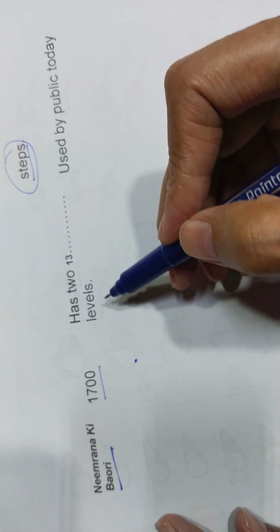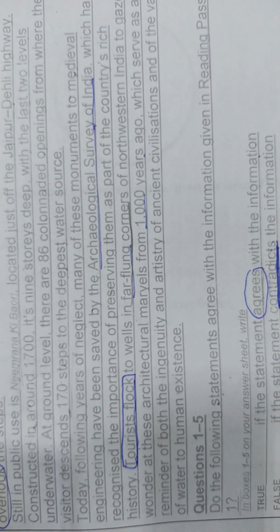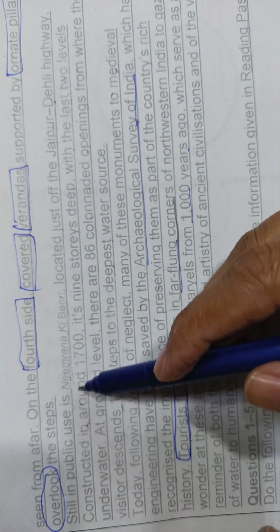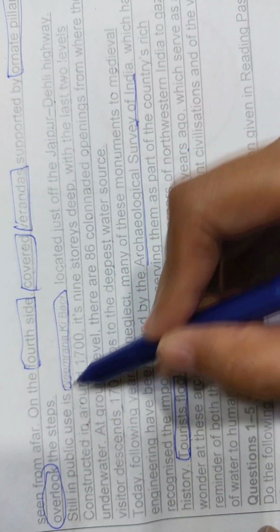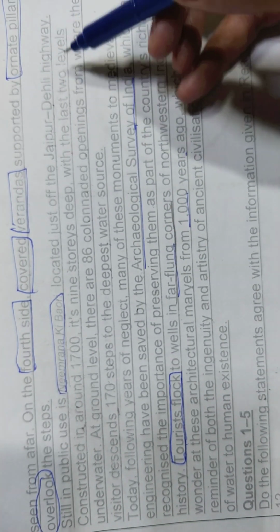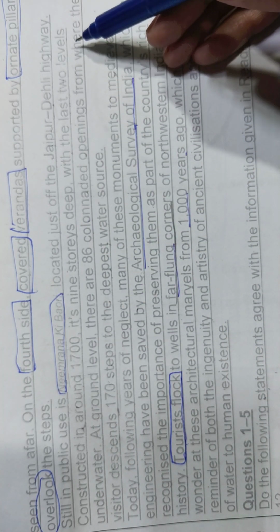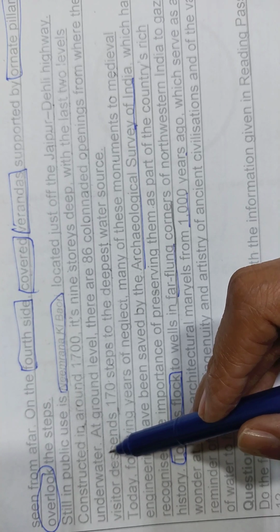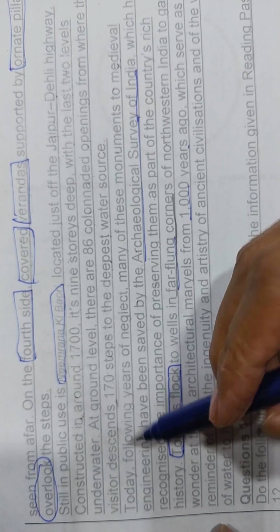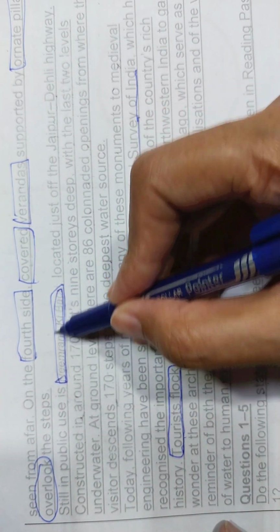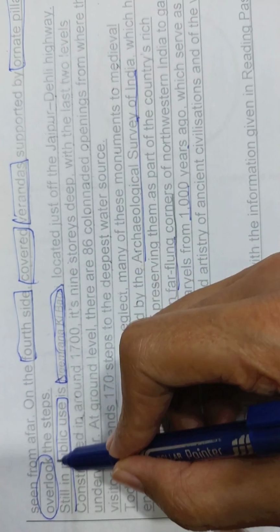So our next is Nimrana ki Bauri, 1700, has two dash levels. So we are supposed to find out where Nimrana ki Bauri is. Definitely it will be after that: still in public use. Okay, located just off the Jaipur-Delhi highway, constructed around 1700. So this one keyword is here, still in public use.